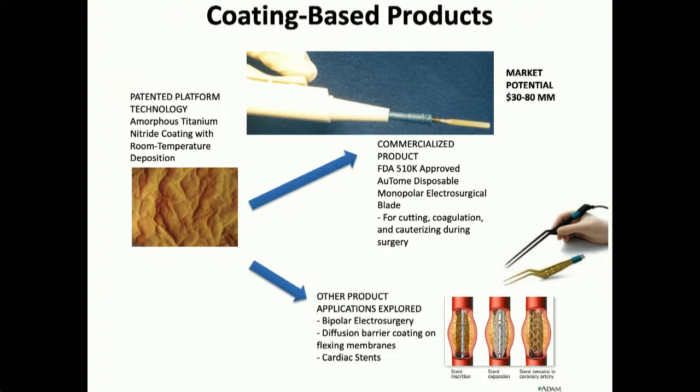But then we realized, typically metal is deposited in a crystalline structure, but we were able to deposit it at near room temperature in an amorphous structure, so it could bend without breaking or cracking. So we realized that maybe the docs could use it for electrocautery, because right now you use stainless steel electrodes that you dispose of for cutting tissue.